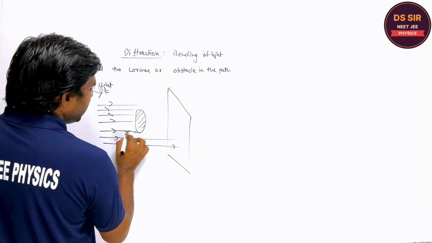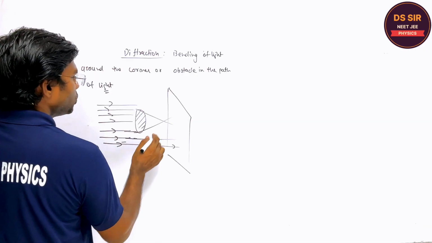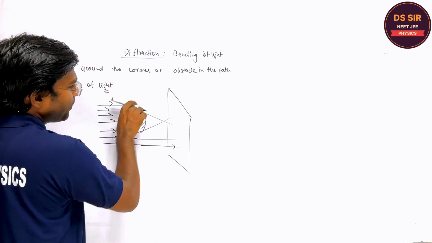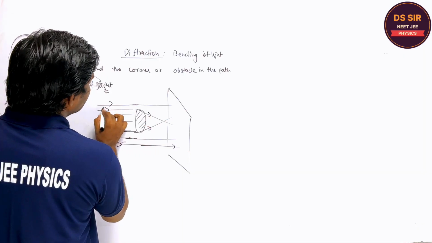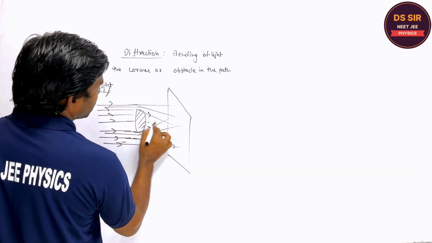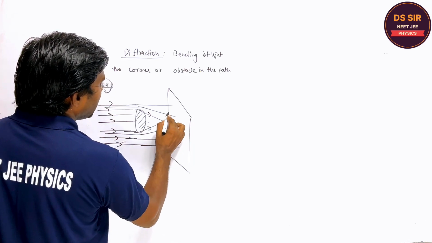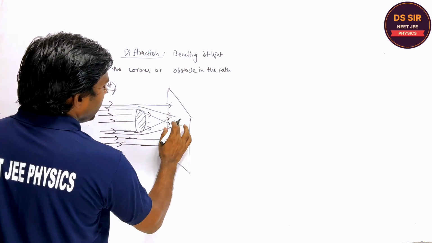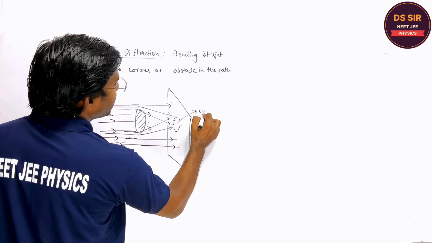Rather, when the light wave reaches, they are producing the diffraction. They are bending around the corner. And this thing is called the diffraction, right? So not only here, you will get the light at this portion also, but the light intensity will be less over here. You will get the light here also.